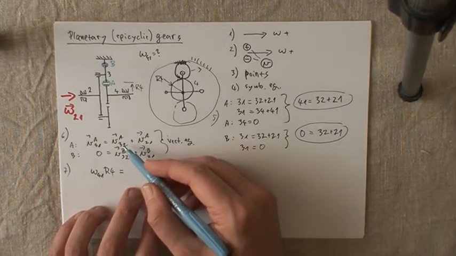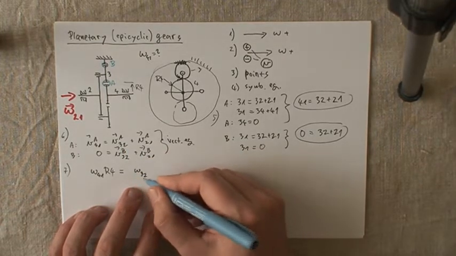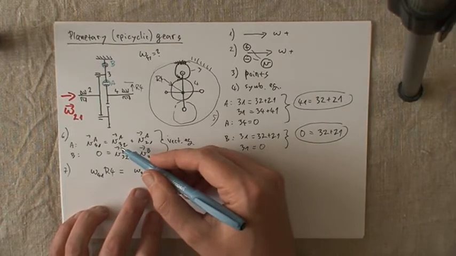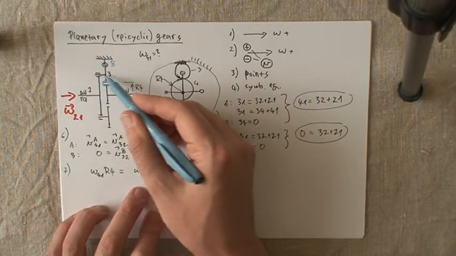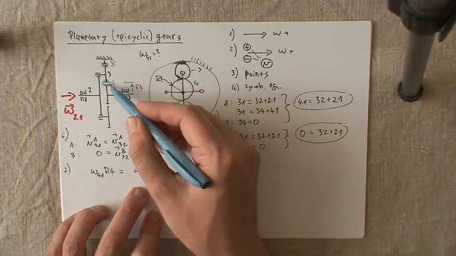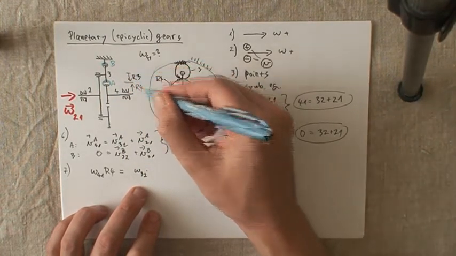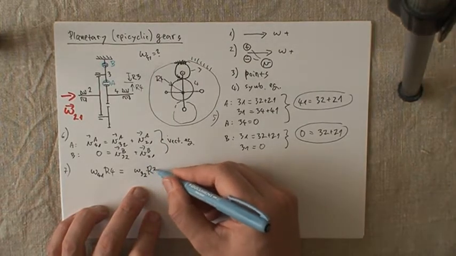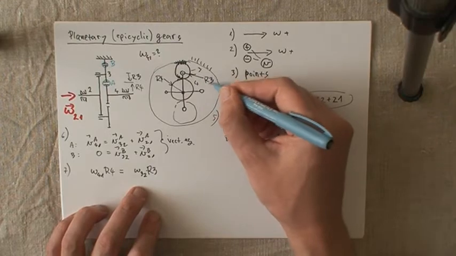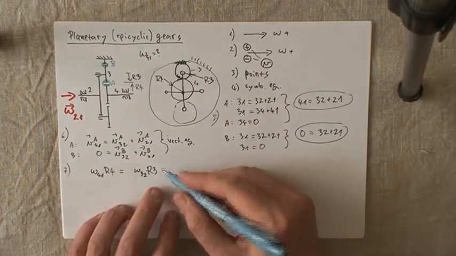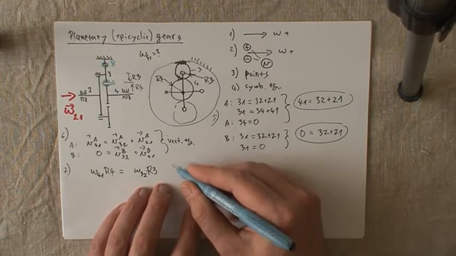So VA 3,2, that's omega 3,2 times the distance between axis 3,2, which is here, and the point A, which is here. So that would be R3. Again, let's forget about the signs for now.